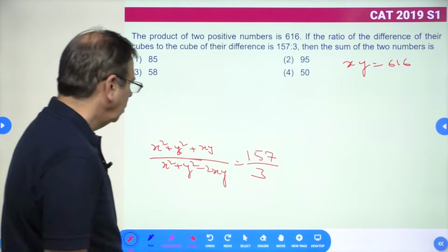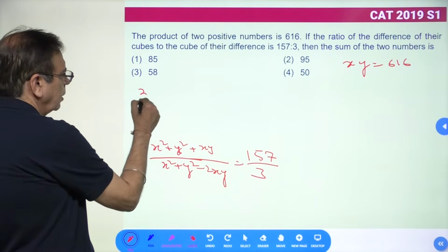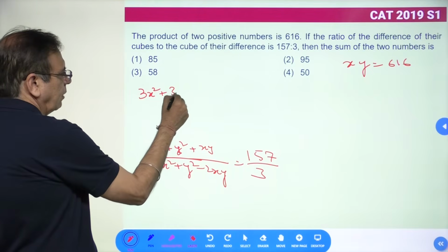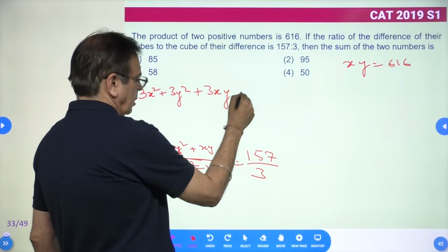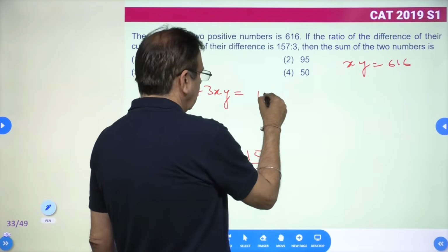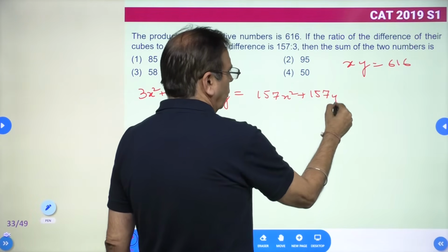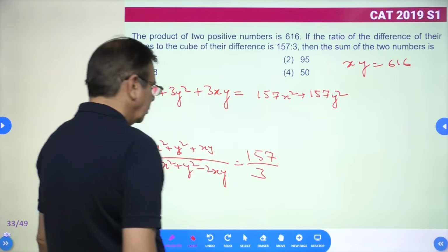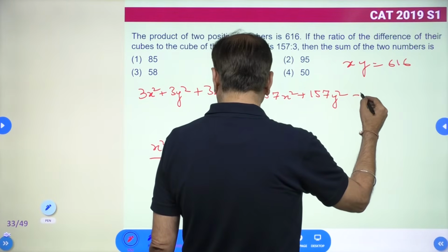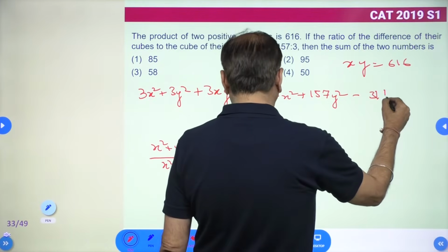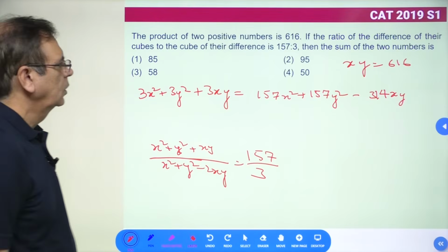So if you look at this one now, what does it become? 3x square plus 3y square plus 3xy is equal to 157x square plus 157y square minus 157 into 2, 350, 314 xy. Okay.